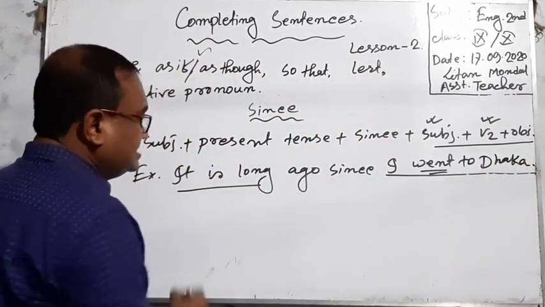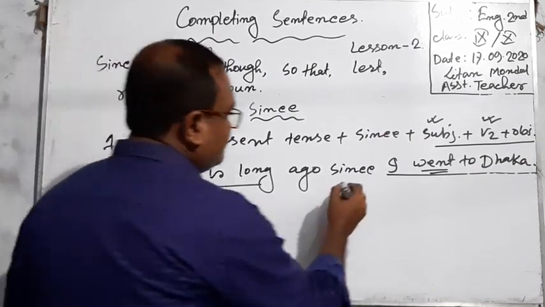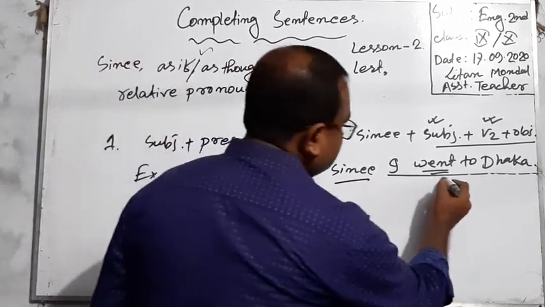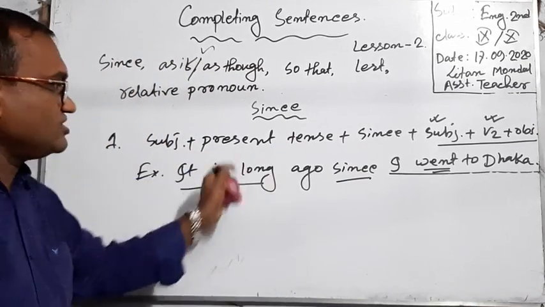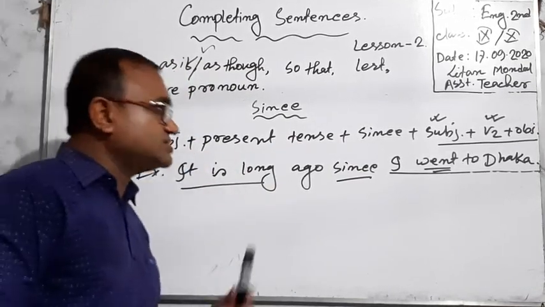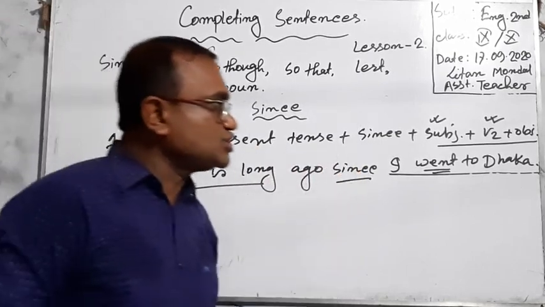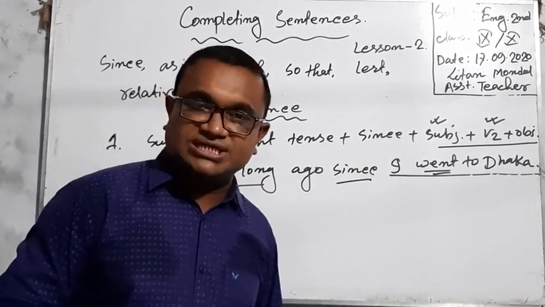This is present indefinite tense, and for since, this is first indefinite tense. In short, if the first portion of since is present tense, the next portion will be first indefinite tense.